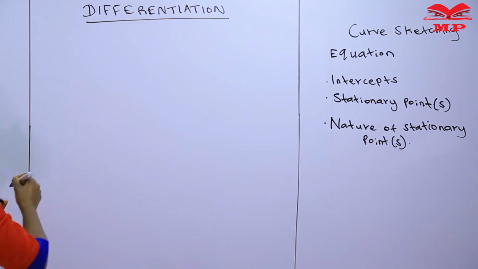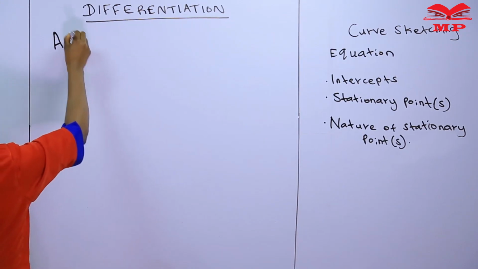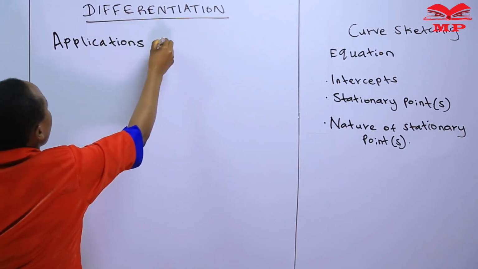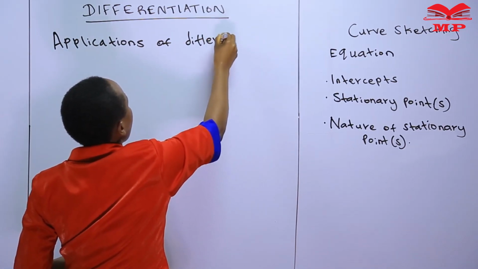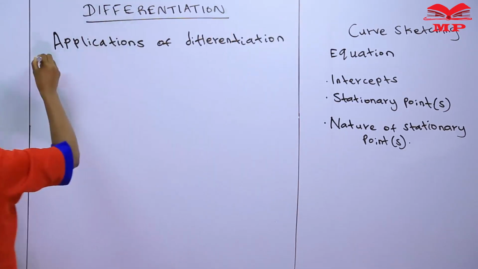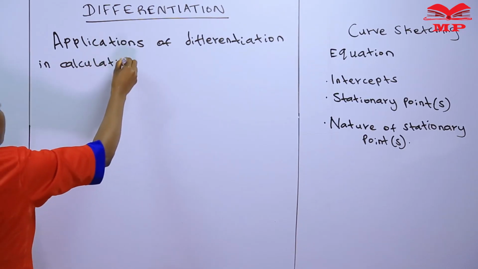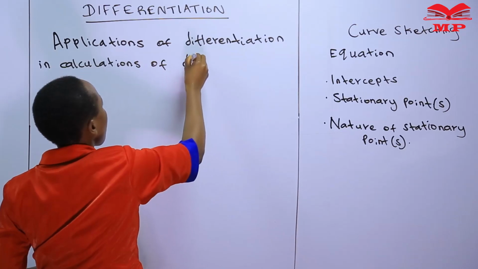So in this lesson, we are going to look at applications. We are now almost done with this topic. We want to look at the applications of differentiation in calculations of distance or displacement.